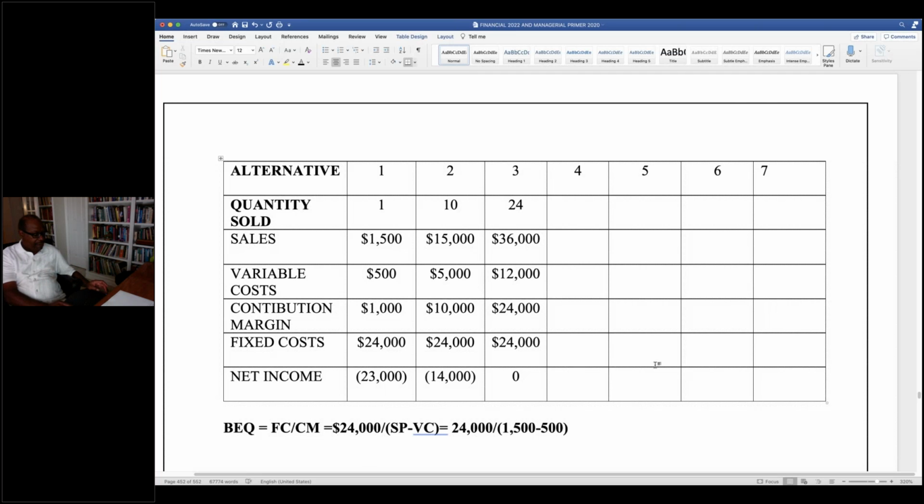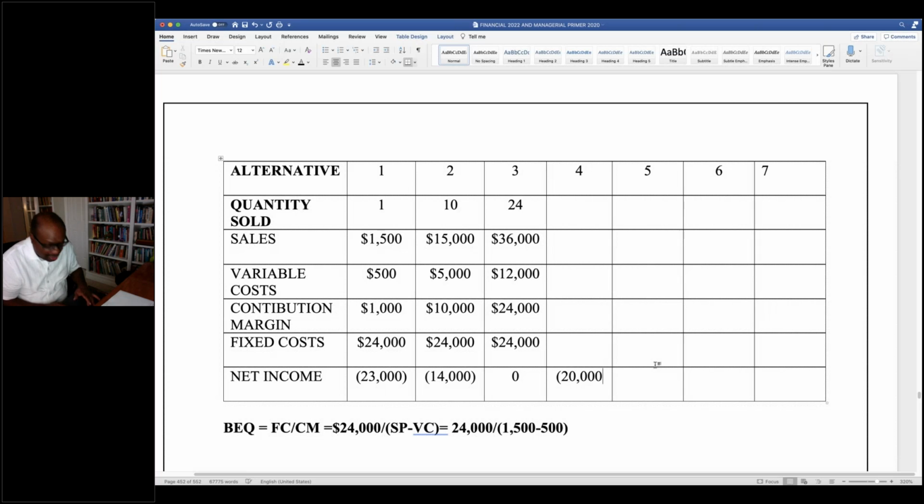Okay. Ready to move on since it's so easy. Okay, suppose we put a loss down here of 20,000. Suppose I told you the loss was 20,000.